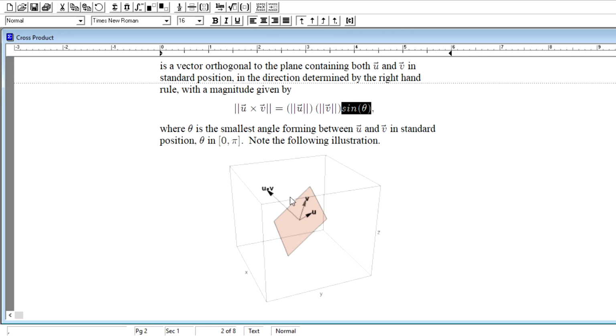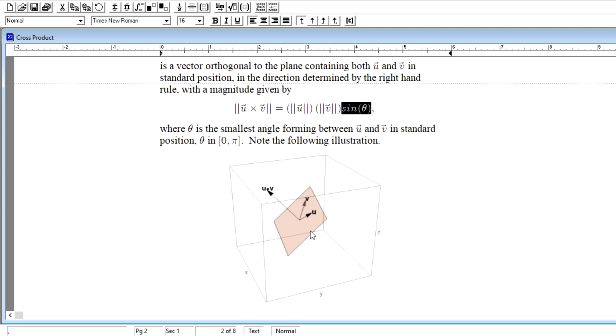Vector u and vector v define or fall within this plane, where their cross product is this vector seen here, that is actually meeting the plane at a right angle.